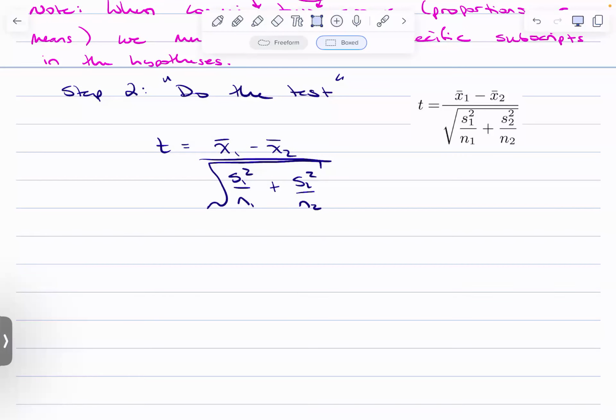Okay. So now we calculate the test statistic, our t. And kind of out in the real world, usually if you are doing a hypothesis test where the test statistic is a t, we call it a t-test. And so you can start throwing that around.